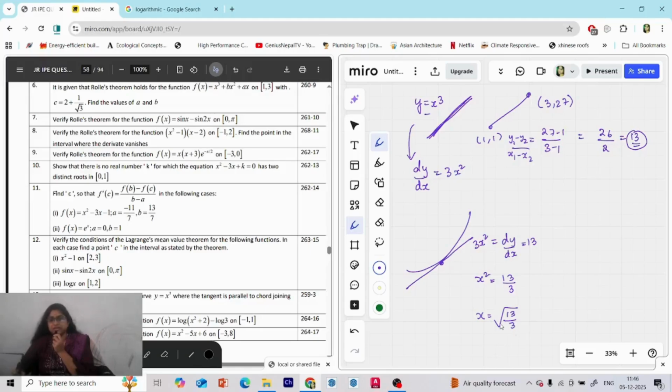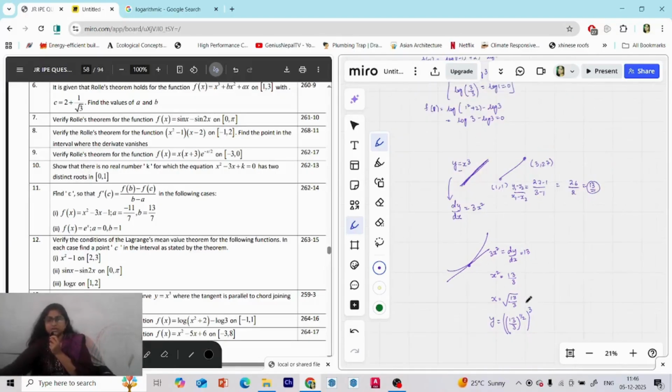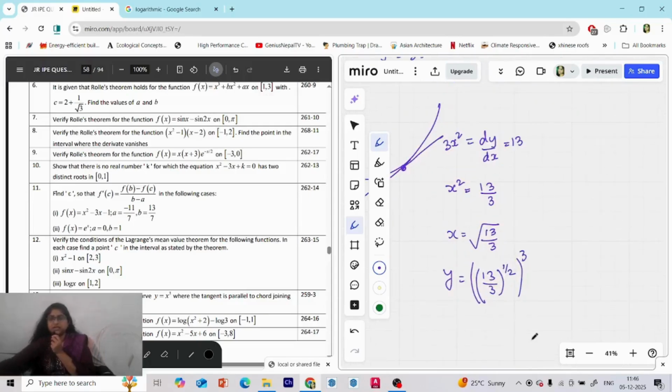Okay, so if x is root 13 by 3, what should y be? Y is equal to x power 3, so that is 13 by 3 to the power 1 by 2 into 3, therefore this would be 13 by 3 whole power 3 by 2.